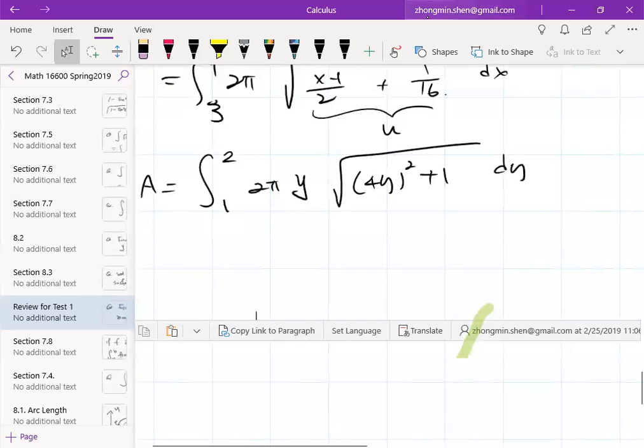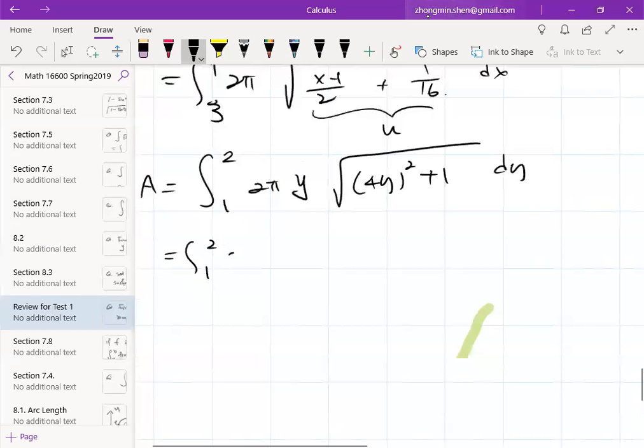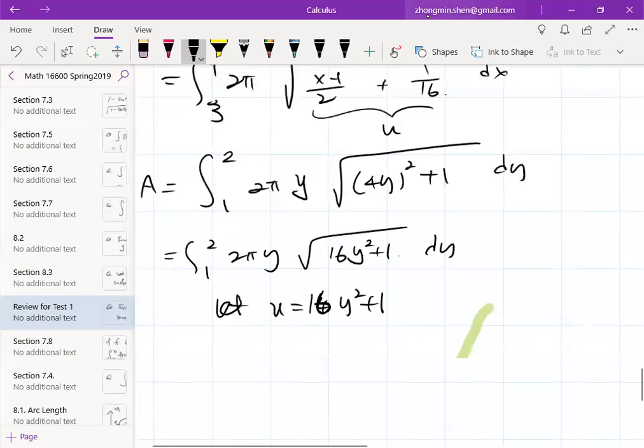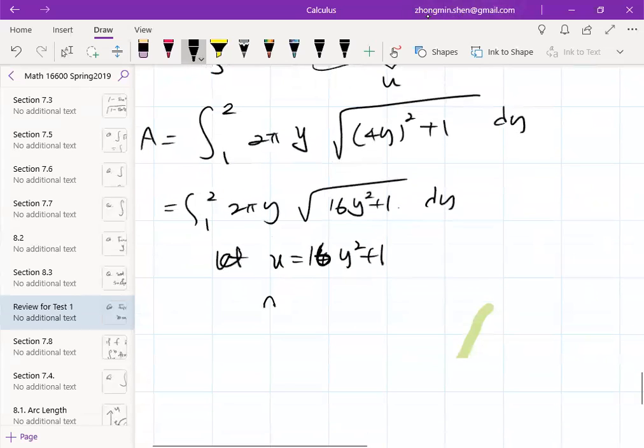So this is going to be from 1 to 2 pi y and square root of 16 y squared plus 1 dy, right? So I let u be 16 y squared plus 1, right? And du equals 32y dy, okay?